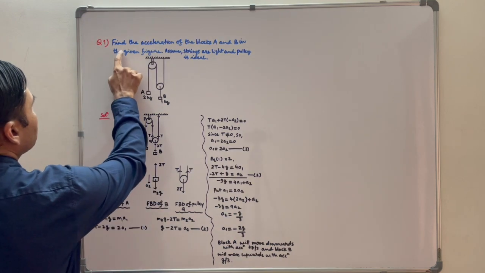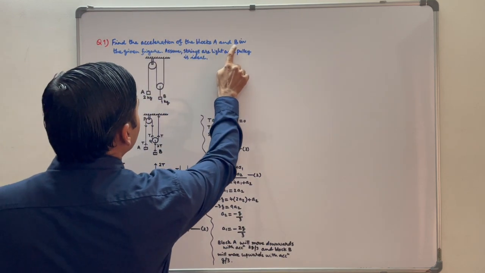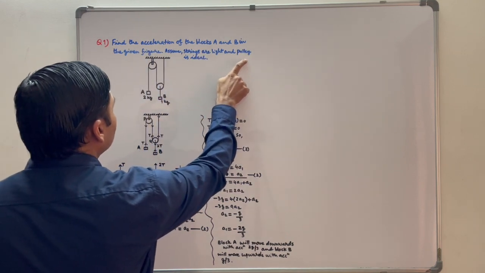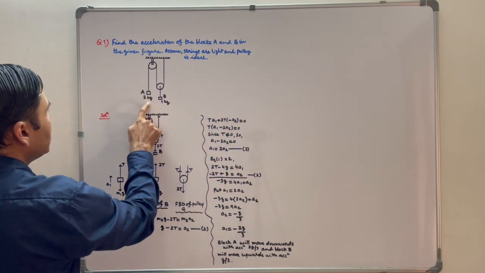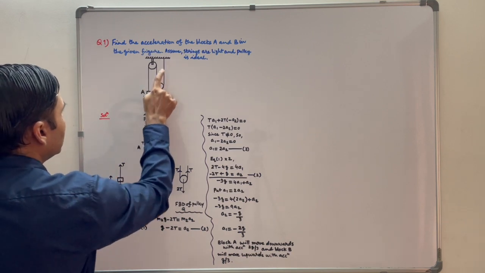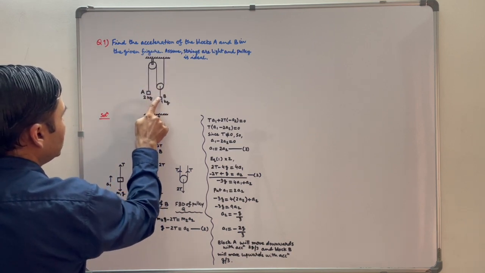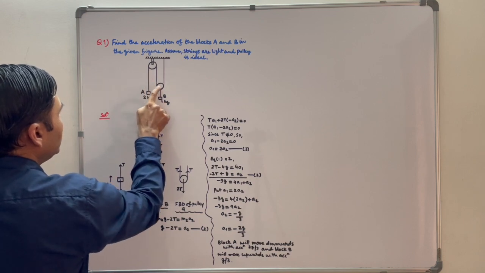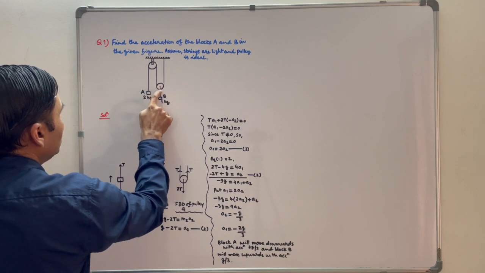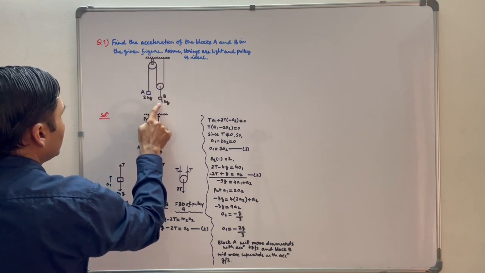First question: find the acceleration of the blocks A and B in the given figure. Assume strings are light and pulley is ideal. This is the given figure. Block A is attached to this string and block B is attached to this string. These two pulleys are ideal. This pulley is fixed to the wall and this pulley is free to move up or down.